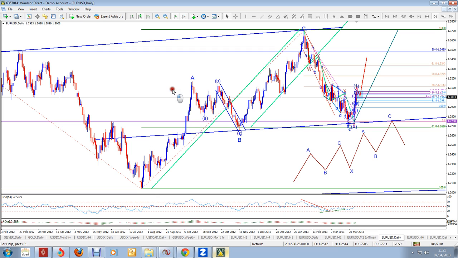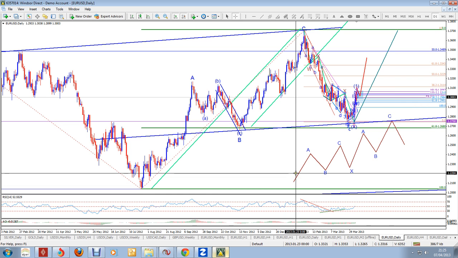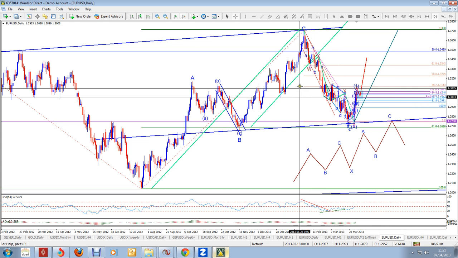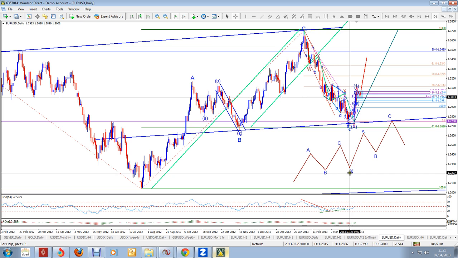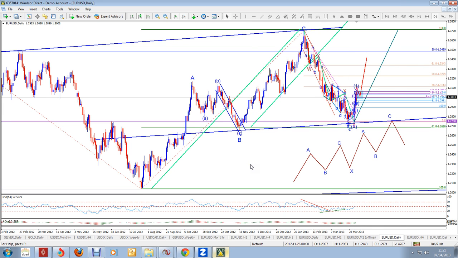So from this July low, we've got A, B and C, so we'll be following this pattern here. We've got A, B and C with the February high, wave X, another ABC zigzag to the upside.